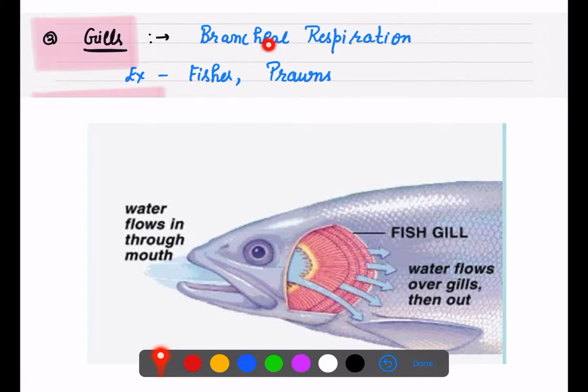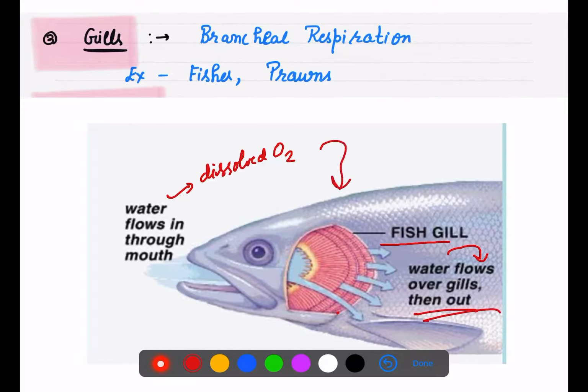Here, as you can see, the fish takes water in through the mouth, and in water there is dissolved oxygen. This water reaches the surface of the gills, which absorb the gases, and the water flows over the gills and then moves out. In this way respiration happens in fishes as well as prawns.